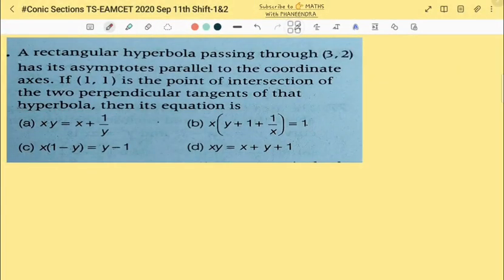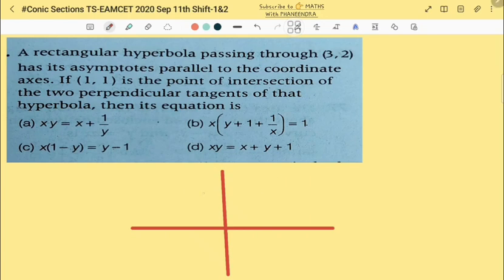It's a good question. A rectangular hyperbola passing through the point 3, 2 has its asymptotes parallel to the coordinate axes. See here, the figure will come like this, dear students. These are the coordinate axes. The asymptote equations pass through the point of intersection of two perpendicular tangents.